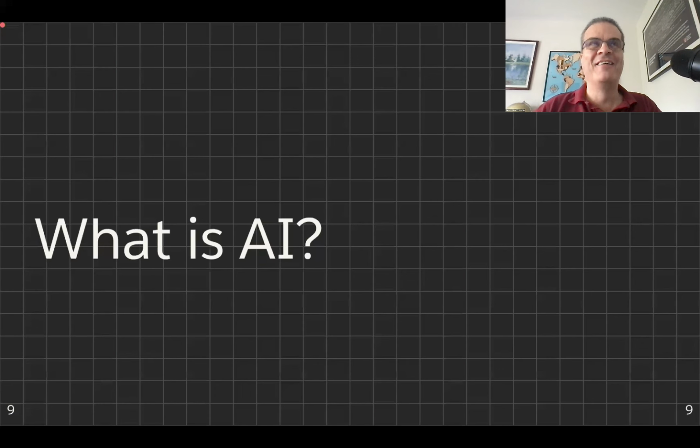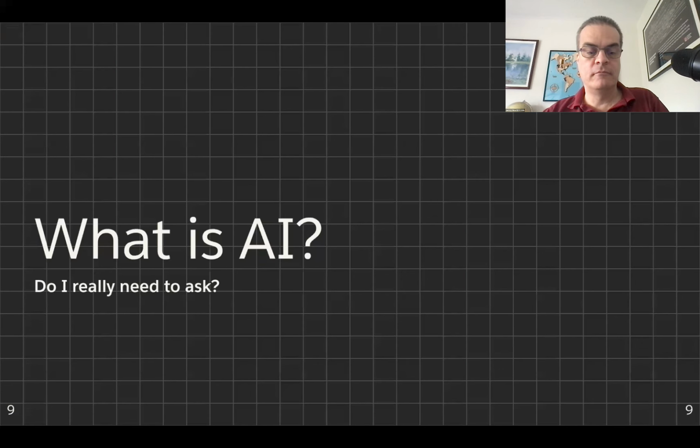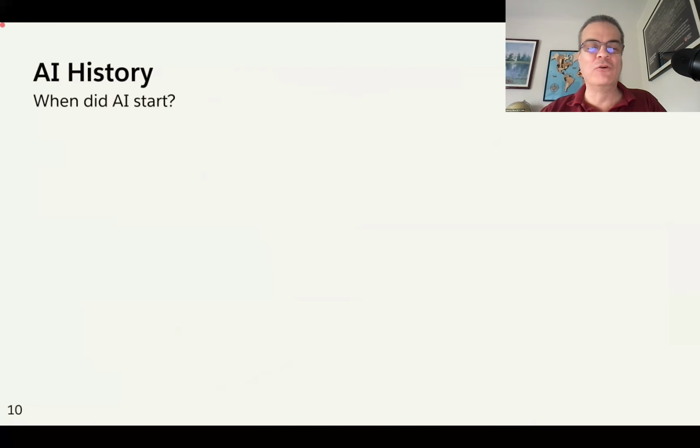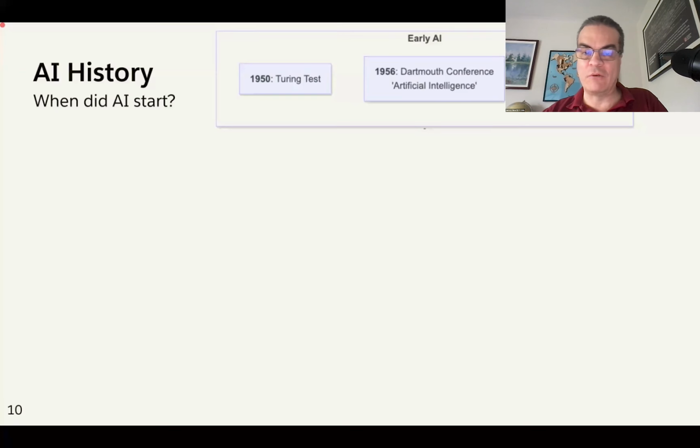All right, so what is AI? And do I really need to ask? Hopefully you've heard about AI by now. But actually I do want to ask you a question. When did AI start? Would you believe me if I tell you that it's actually been around 75 years since we've been working with AI in the industry? Everything started with a Turing test back in 1950.